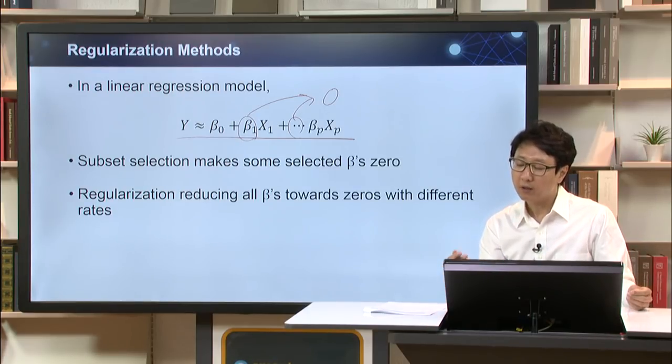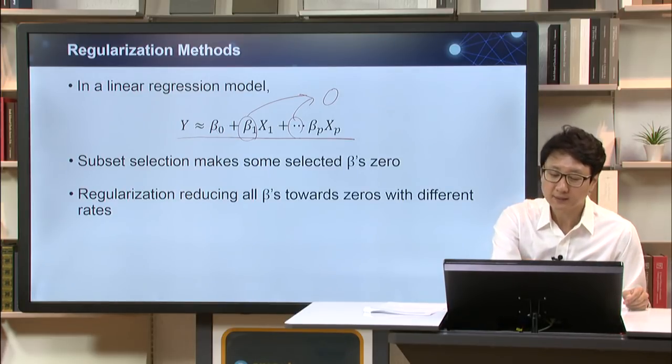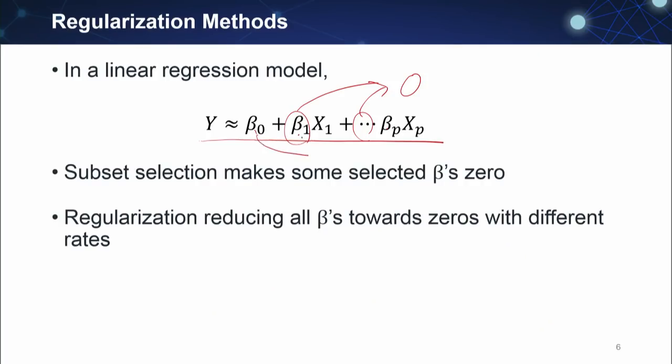So we can generalize this approach by shrinking all of these betas to 0, but at different rates. Some betas are going to reach 0 first, but some betas are going to survive and be selectively included in the model.